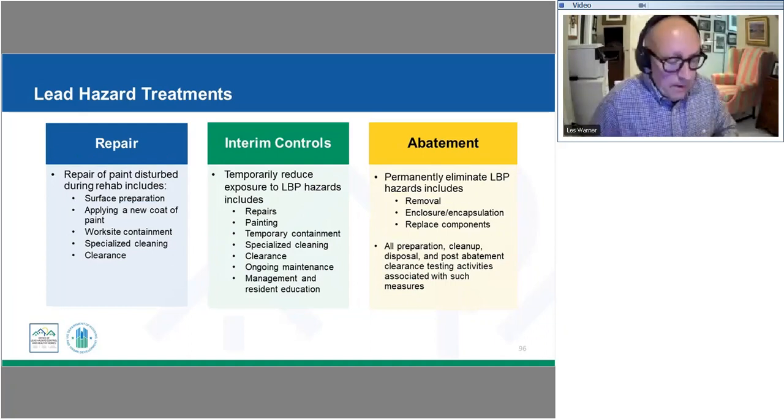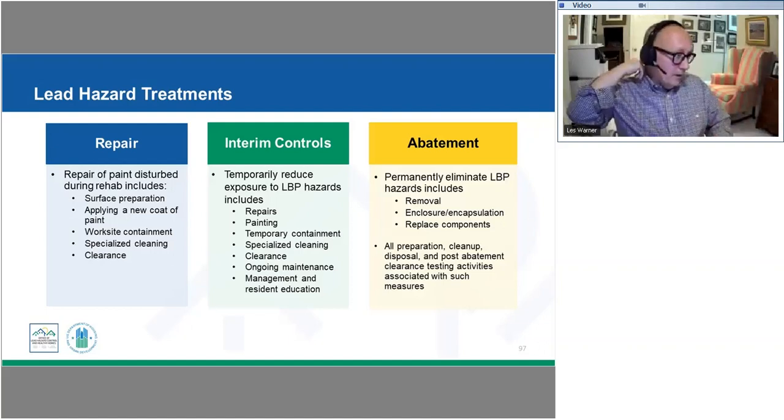So, abatement, we talk about, it's permanently eliminating either the lead paint or the lead-based paint hazard. And so when we talk about permanent, that means we might be removing the paint, we might be removing the hazard. So maybe we've done our risk assessment, we've tested surfaces, maybe we determined that woodwork in a couple of the rooms, the front door, and a couple of cabinets have lead-based paint.